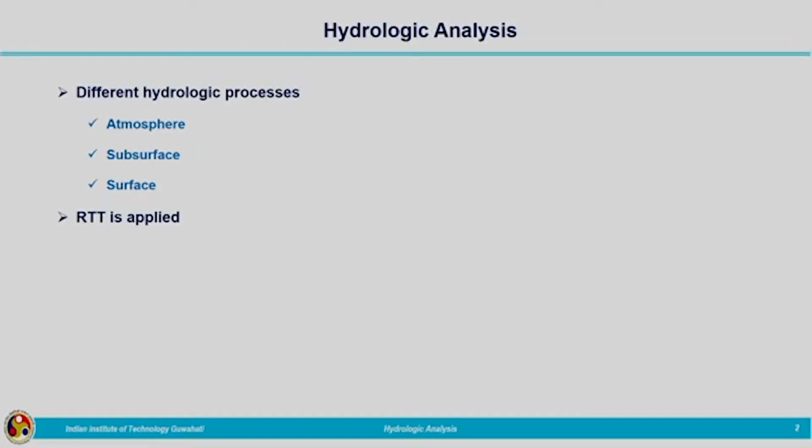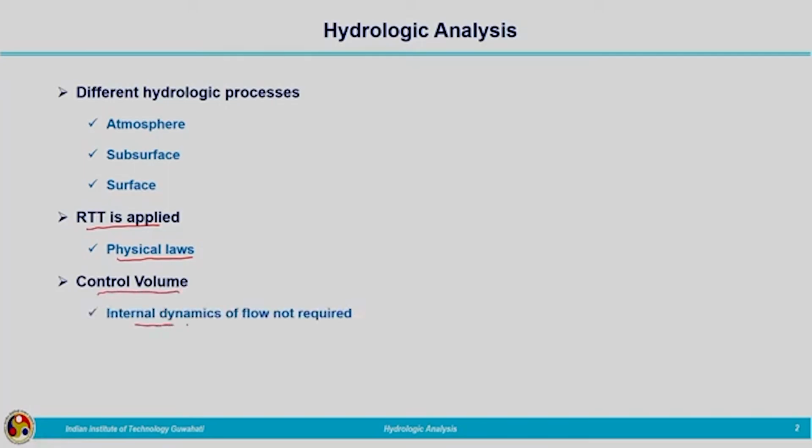In this, we have made use of RTT for understanding different processes and we have derived physical laws related to different processes. And in the control volume approach, we were not giving much emphasis to the internal dynamics of flow. Actually, it is not required. The internal dynamics of the flow is not required in the control volume approach.